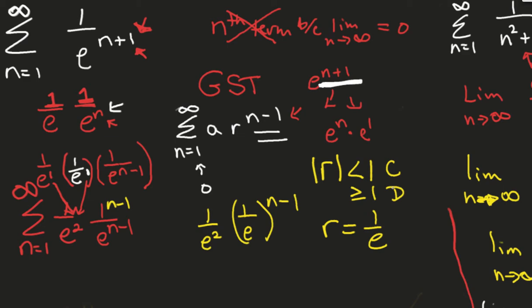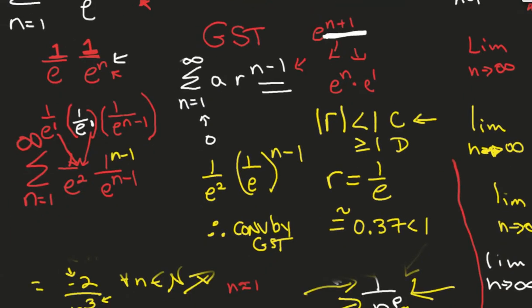So in this case, 1 over e is roughly 0.37 if you put that in your calculator, which is less than 1. Therefore, it converges by GST. All right?